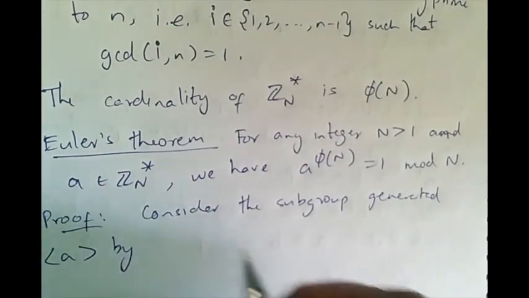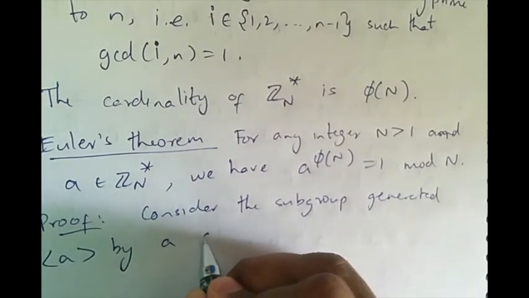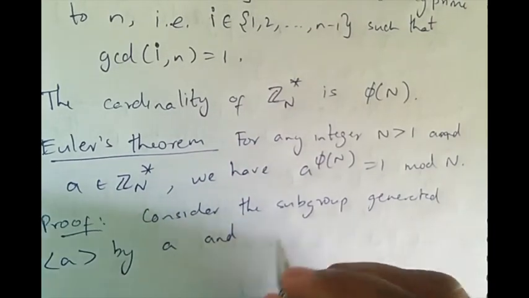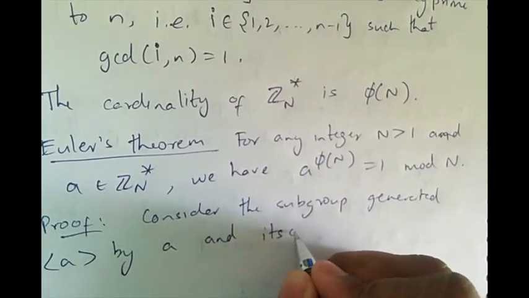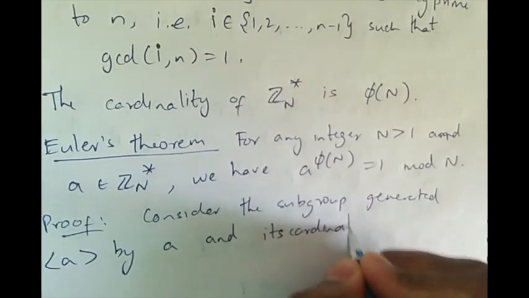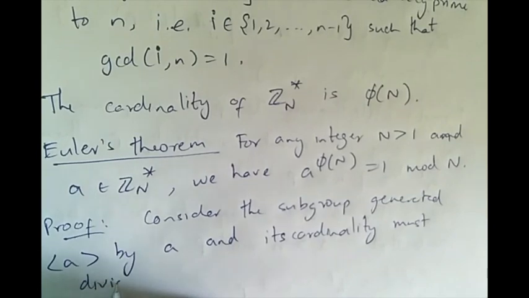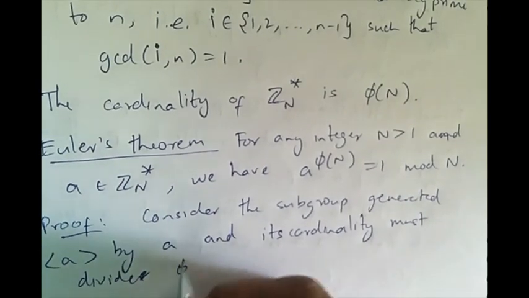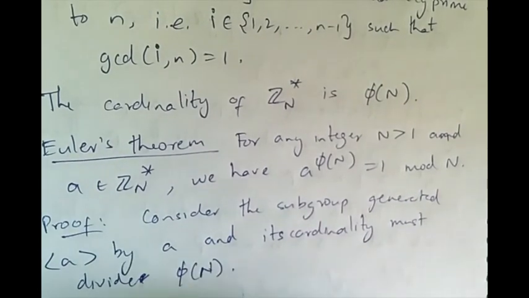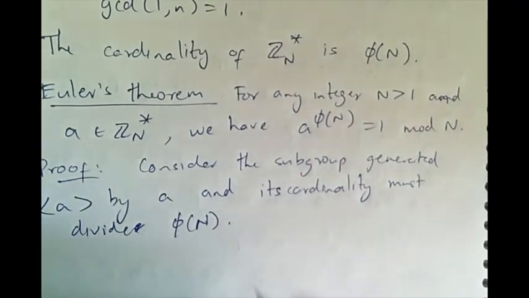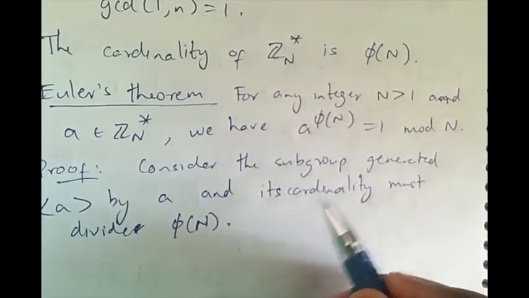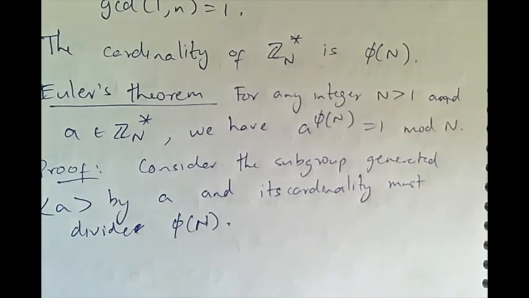So the subgroup will be angle brackets a, and its cardinality must divide phi of n, which is the size of the group, by Lagrange's theorem. And the proof follows in a similar manner.